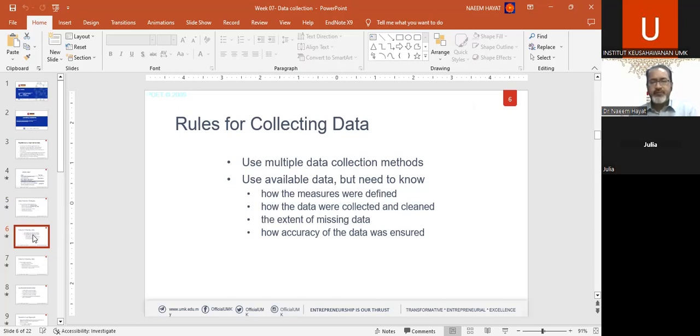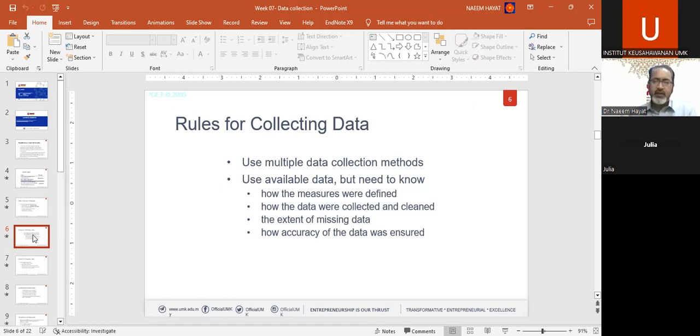In data collection and measurement, it's very problematic because one construct, variable or concept has multiple definitions. Because of that, the scales which are based on the definition also vary. So how the measures were defined is very important.